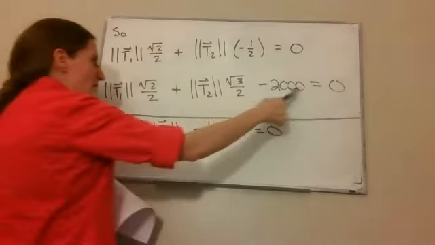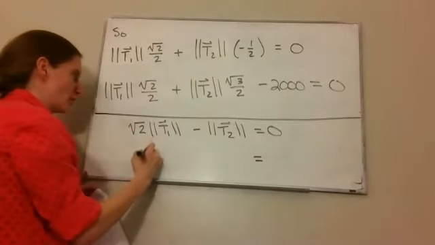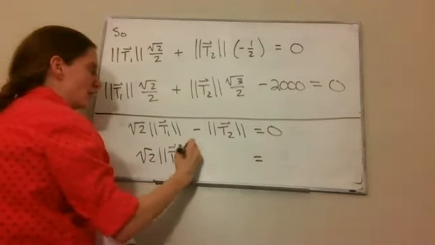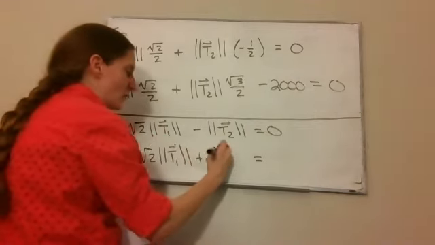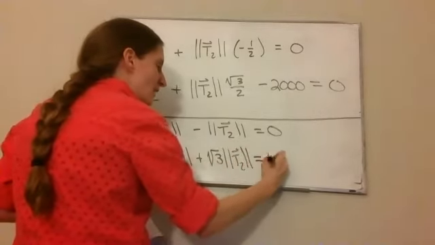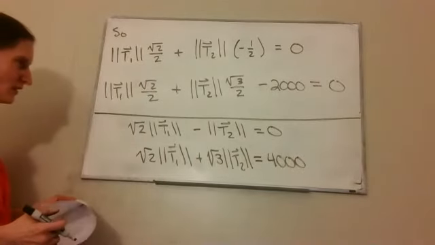And I'm going to add 2,000 to the other side of this equation and then multiply everything by 2. So I get a square root 2 magnitude T1 plus a square root 3 magnitude T2 equals 4,000. And now I have this system of equations here.